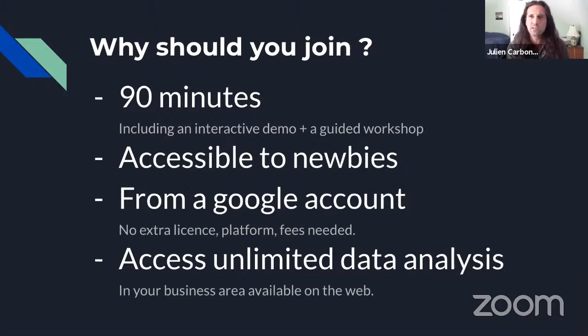Google Colab is a tool that is attached to any Gmail account, and it gives you all the developing environments you need to process some data analysis. And what we will do together on this mobility data, you will be able to apply to any kind of data analysis in any kind of business area that you can find on the web.